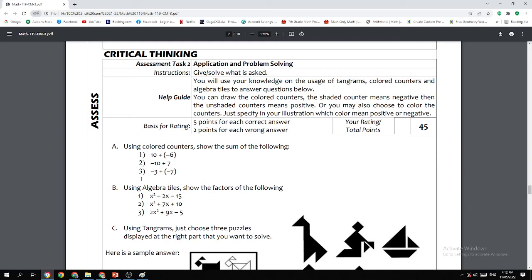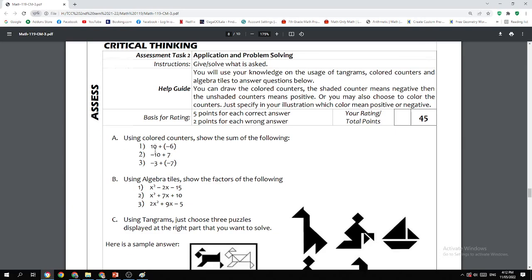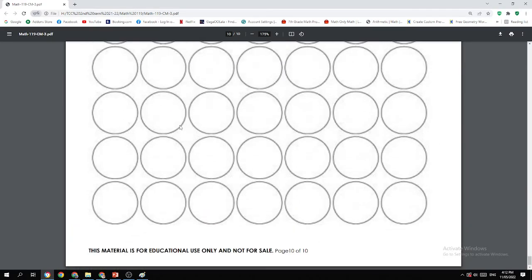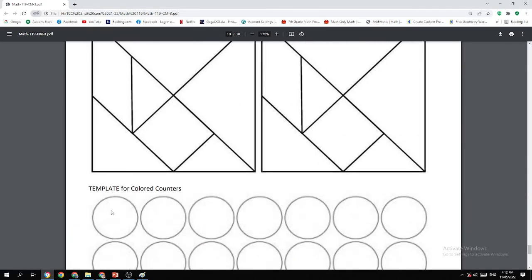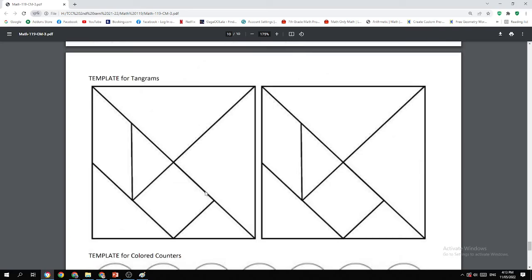Same thing for number 2 and number 3. Sir, the video? I put a circle at the bottom part. You can color it, cut it out, and paste it on paper. Then just color it red or yellow.